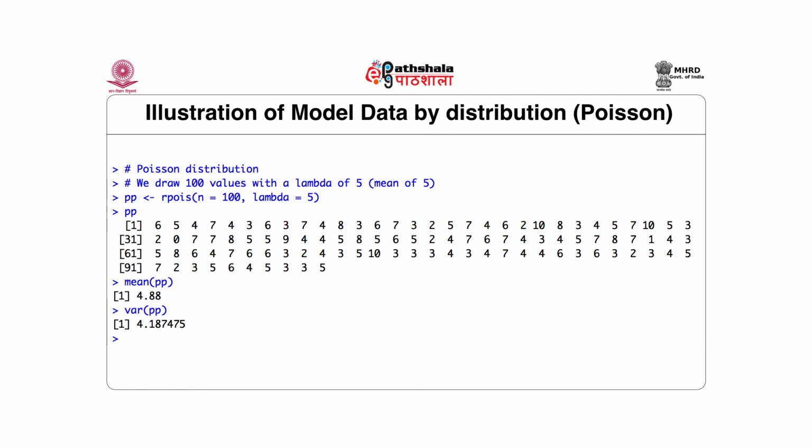And you can test the variance of this random process. In this particular case, the mean and variance are almost equal, again 4.18. Ideally, that's how our Poisson process works. So once more, you get to see that this distribution was a Poisson distribution from where those data were taken.